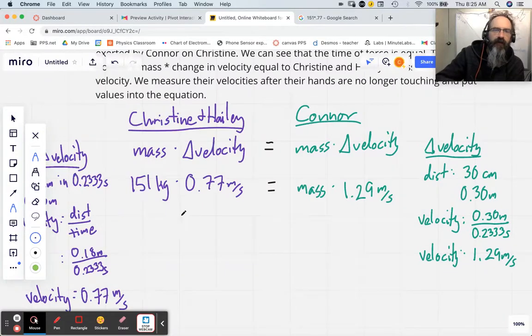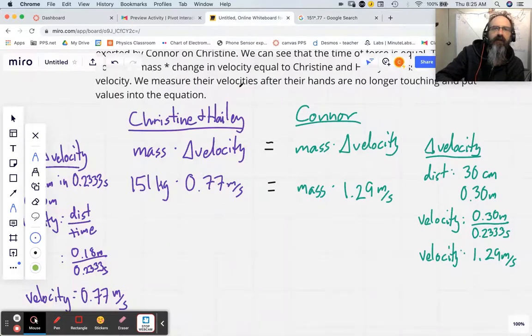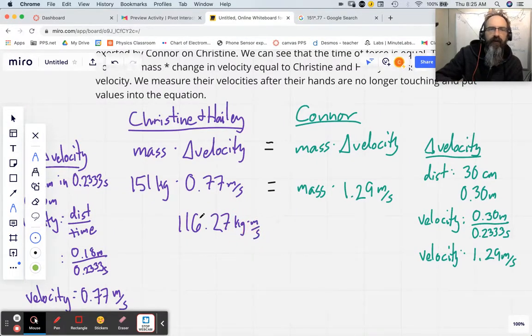151 times 0.77 is, come back to my calculator, 116.27 kilogram meters per second equals 1.29 times mass of Connor.